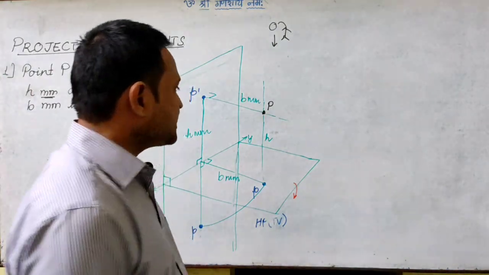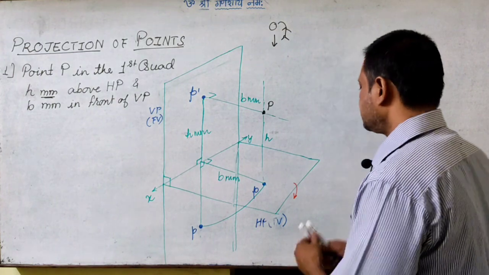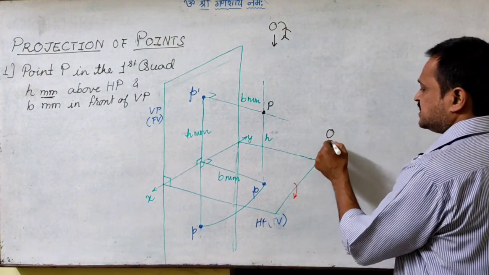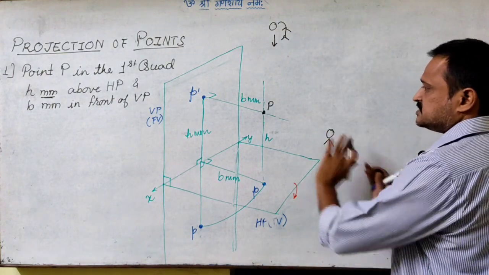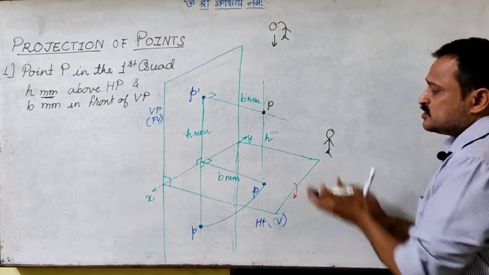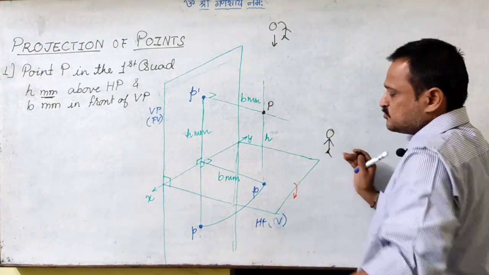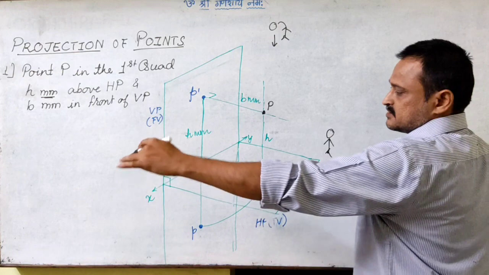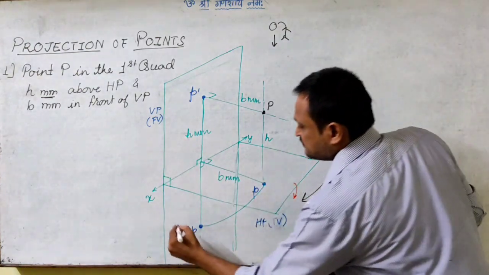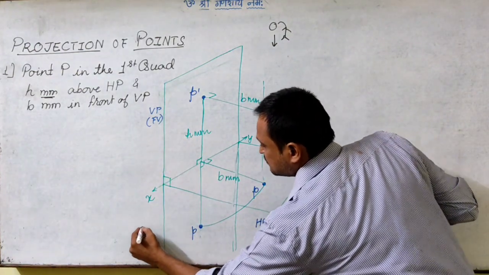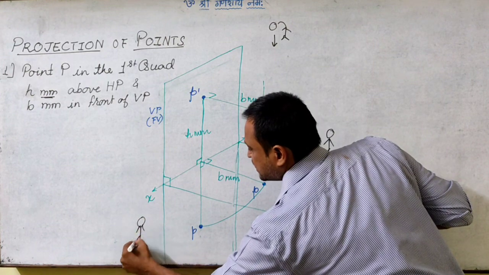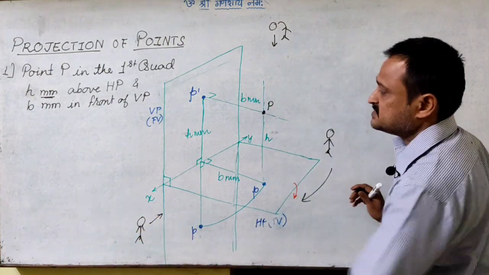For the left hand side view, as an observer, if I am standing here, this is the front, this is the top. I need to move to my left to get the left hand side view. So as an observer, I will be standing here and looking at the object in this direction.